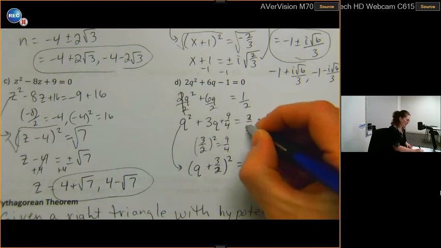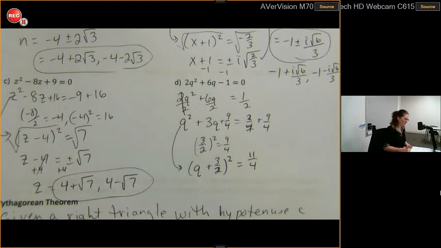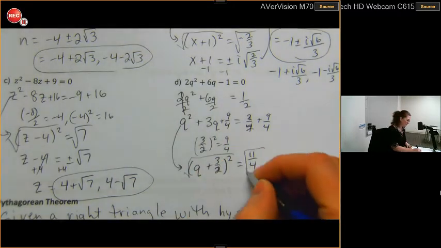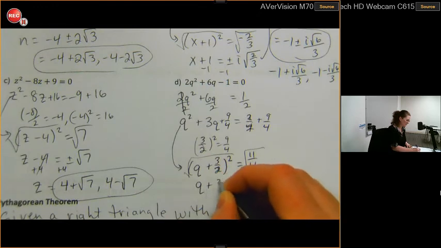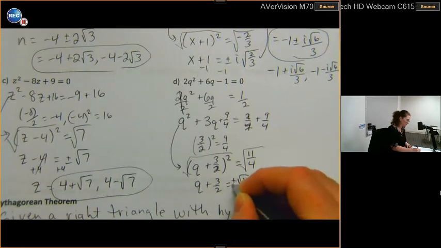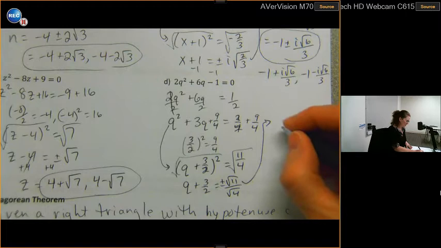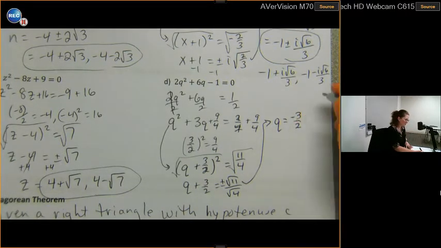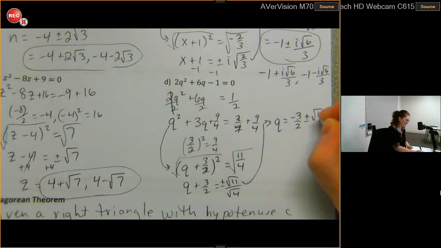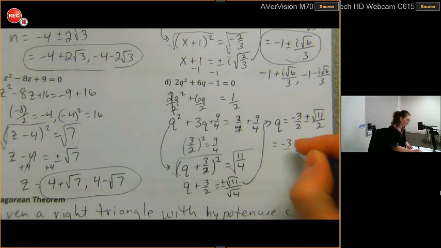And then that's going to equal 11 over 4. Square root of both sides. So the square root of 11 over the square root of 4. And then subtract 3/2. So negative 3/2 plus or minus the square root of 11 over 2. And then just write it as 2 separate answers.